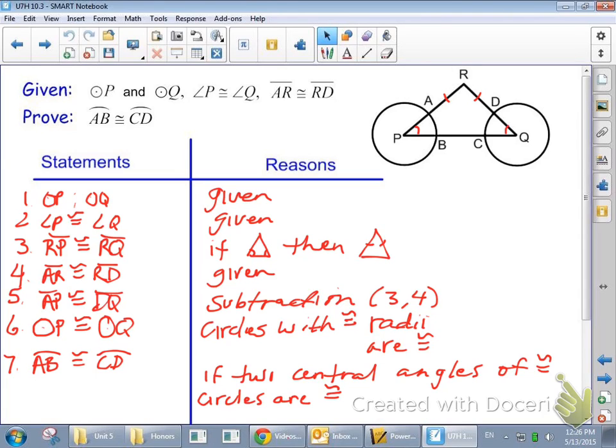So if two central angles of congruent circles are congruent, then their intercepted arcs are congruent. And there we go.